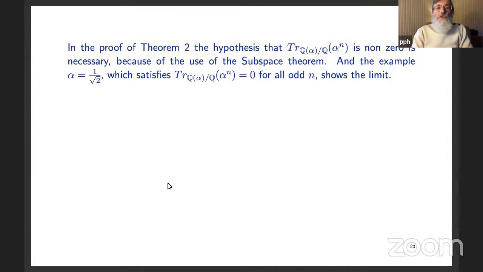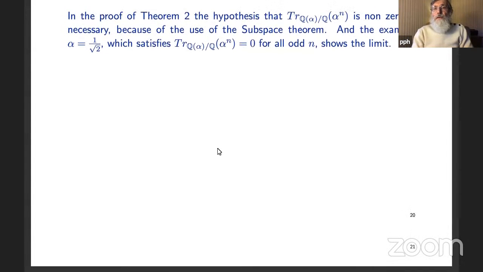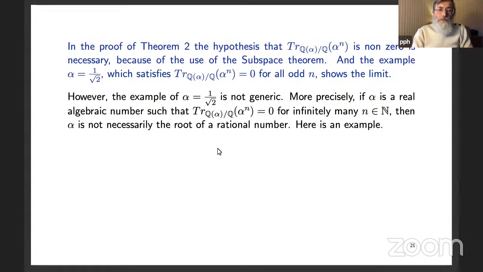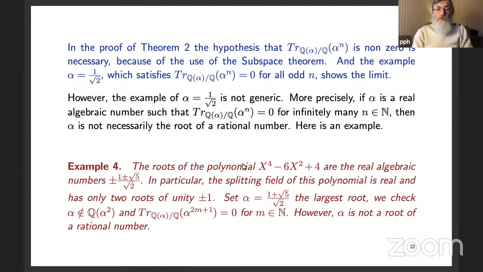One would think from this that maybe the case of trace 0 just occurs because of taking such square roots or some roots. But this is not the case. We have, in the next slide, the example of this algebraic number, which is a root of this polynomial, x^4 minus 6x^2 plus 4.